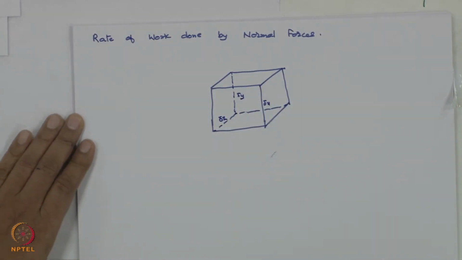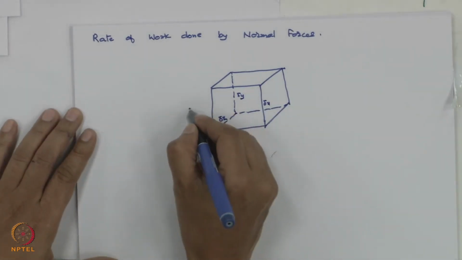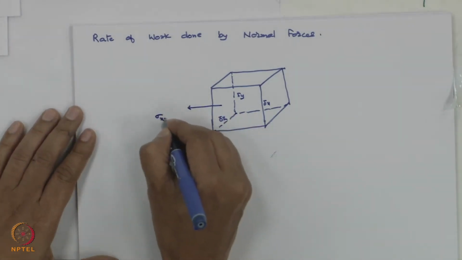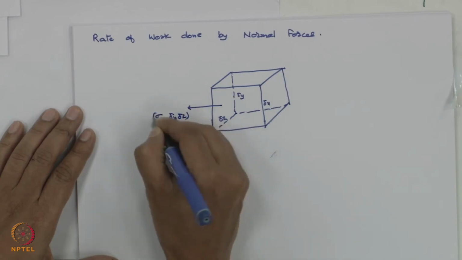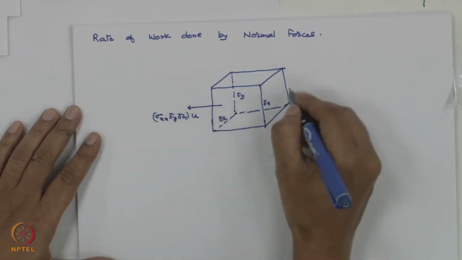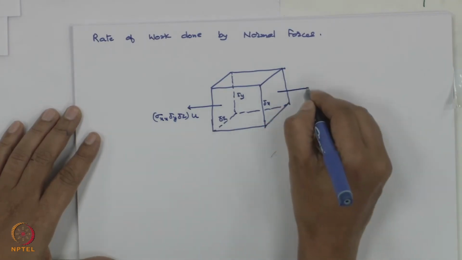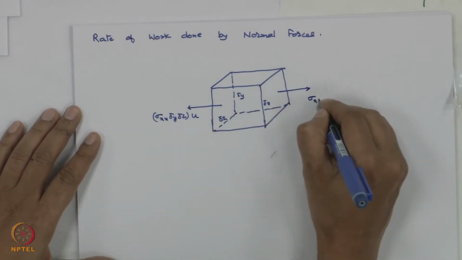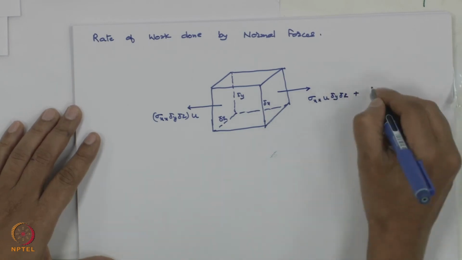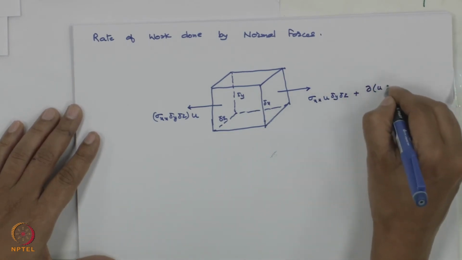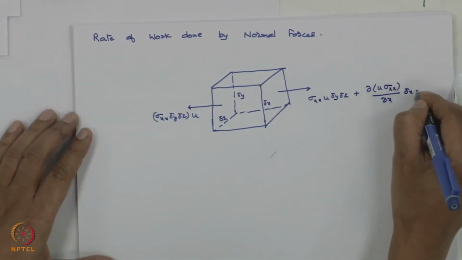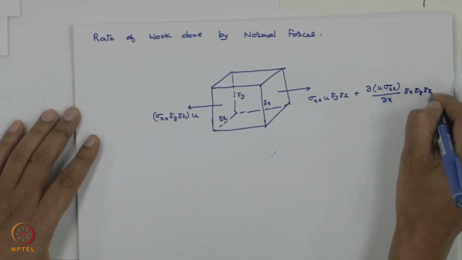So now you have sigma xx into delta y delta z into u. Notice I have taken the direction outward because sigma xx is in the outward direction. So here you have sigma xx u delta y delta z plus del of u sigma xx upon del x delta x delta y delta z.